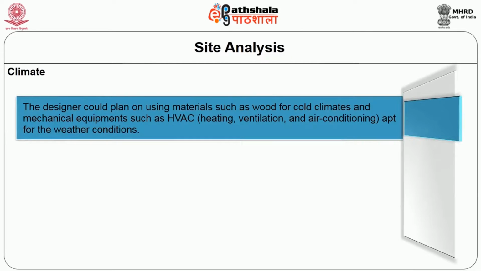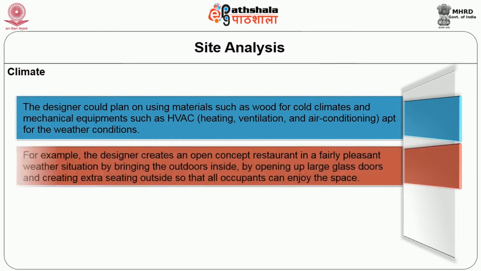The designer could plan on using materials such as wood for cold climates and mechanical equipment such as HVAC, heating, ventilation and air conditioning apt for the weather conditions. For example, the designer creates an open concept restaurant in a fairly pleasant weather situation by bringing the outdoors inside, opening up large glass doors and creating extra seating outside so that all occupants can enjoy the space.